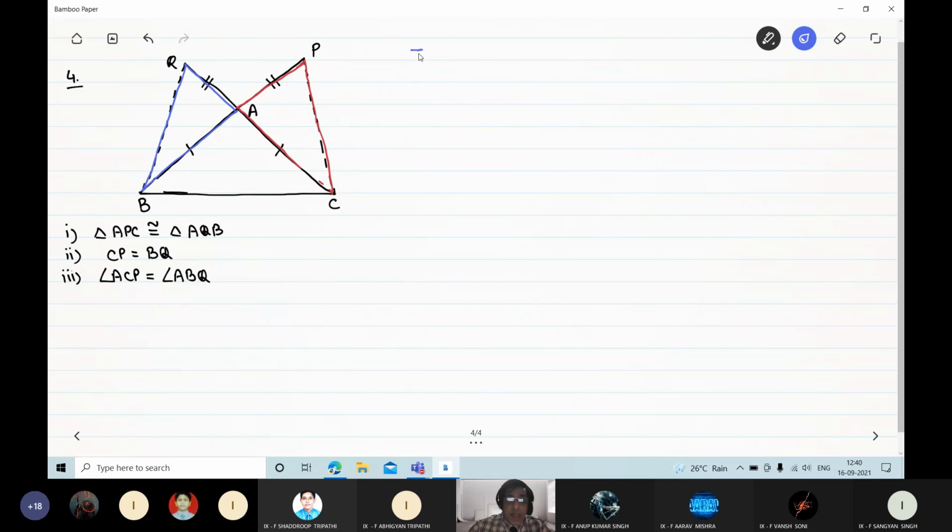So we can say that in triangle APC and triangle AQB, now see, two things we can see ourselves, that AP is equal to AQ. This is given to us. And AC is equal to AB. This is also given to us. So these two things are given to us already, and we can see it from the figure also.